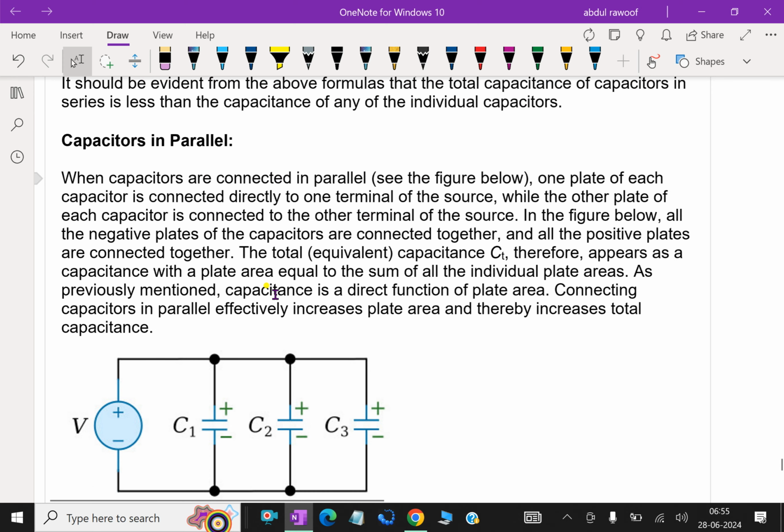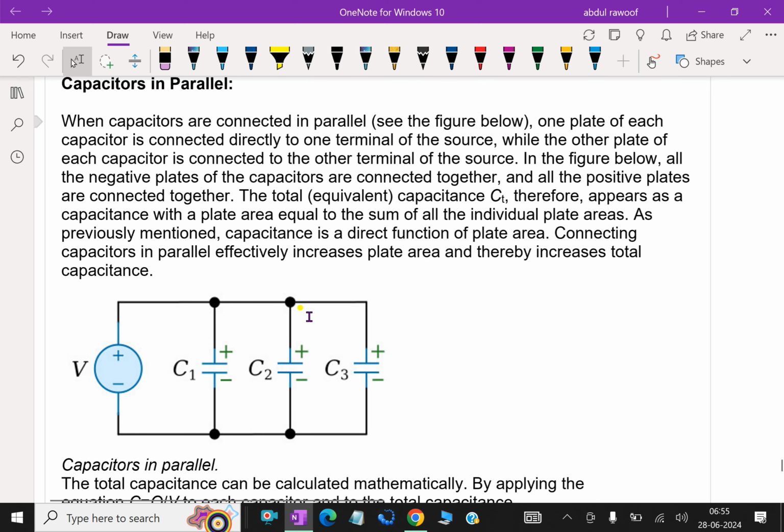Now capacitors in parallel. When capacitors are connected in parallel, look at this figure. One plate of each capacitor is connected directly to one terminal of the source, while the other plate of each capacitor is connected to the other terminal of the source.